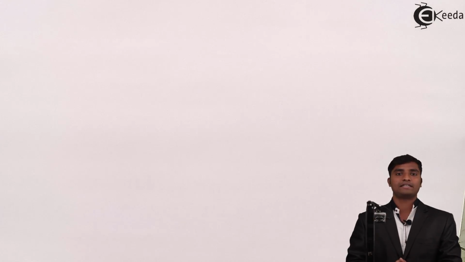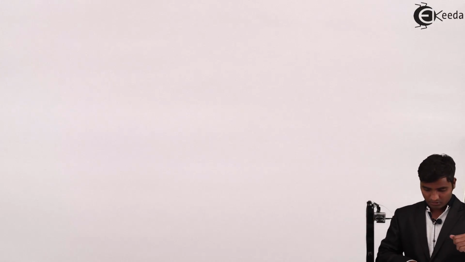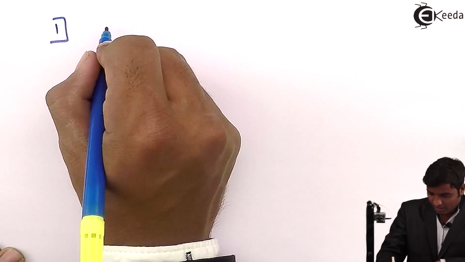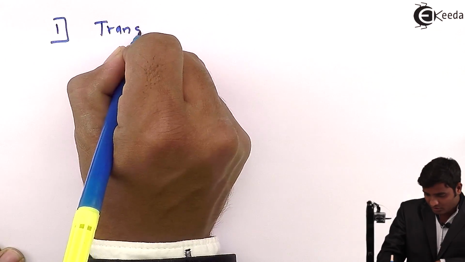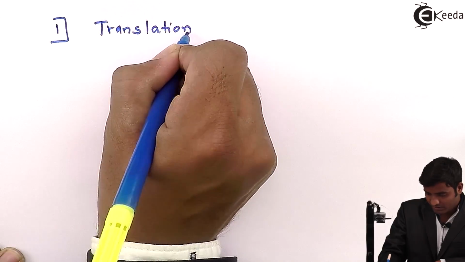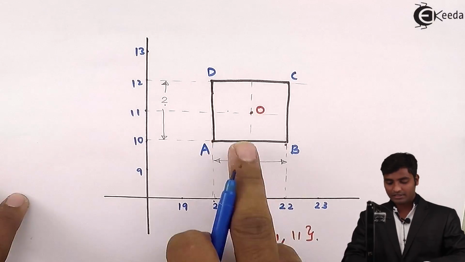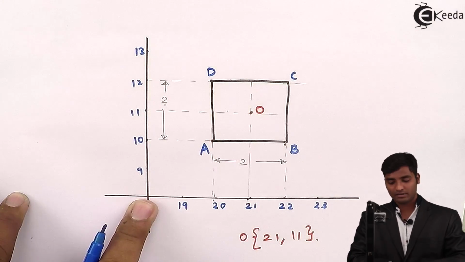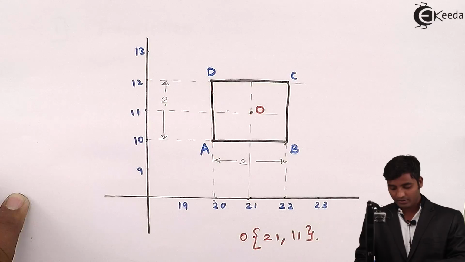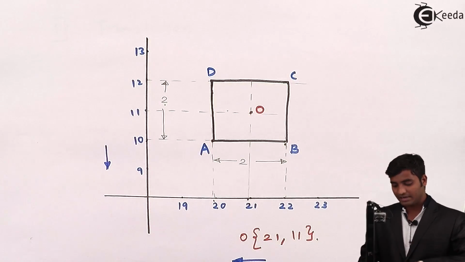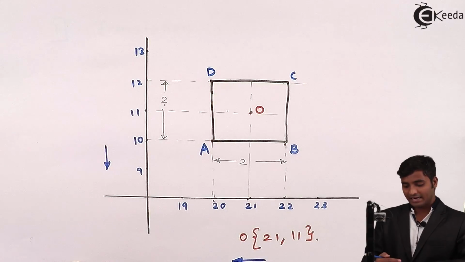Now we will perform the first transformation, that is translation. I will translate this point O to the origin, which means I am moving in this direction and this direction, 21 units in the x direction.